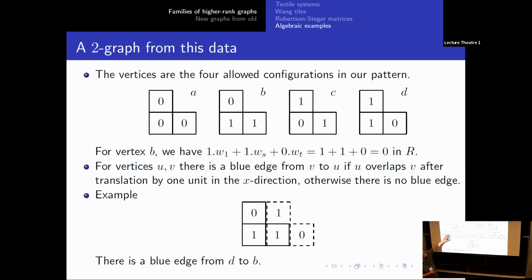So we demand that when you fill the square up, you get 0. So 0 times 1 plus 0 times 1 plus 0 times 1 is 0. Good. Here's vertex B. 1 times 1 is 1. 1 times 1 is 1. And 0 times 1 is 0. Then 1 plus 1 plus 0 is 0. And then you run through, those are all the possible configurations you can put in there that satisfy the equation determined by that polynomial.